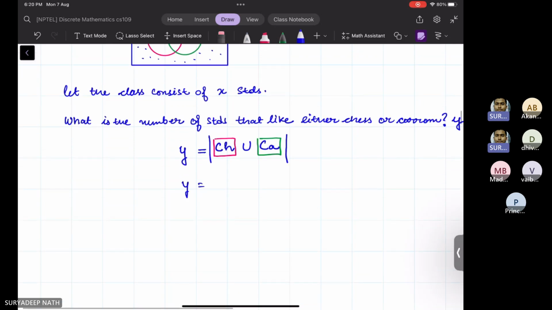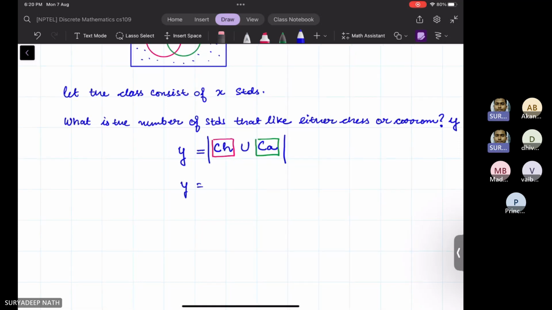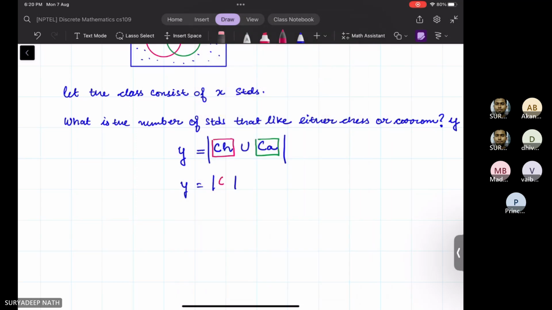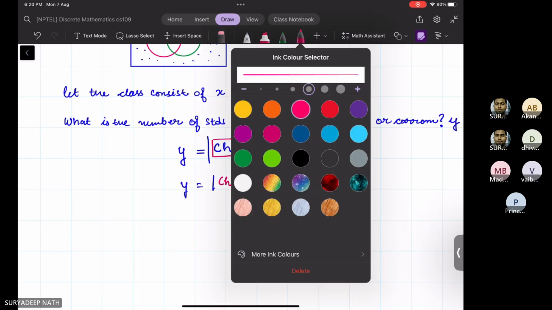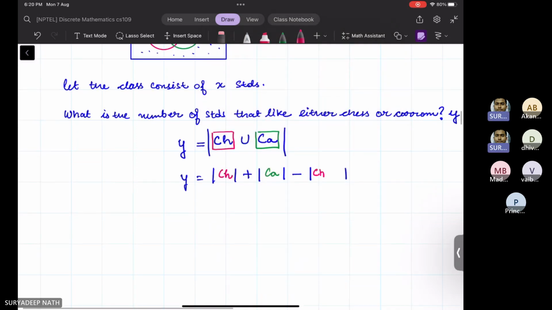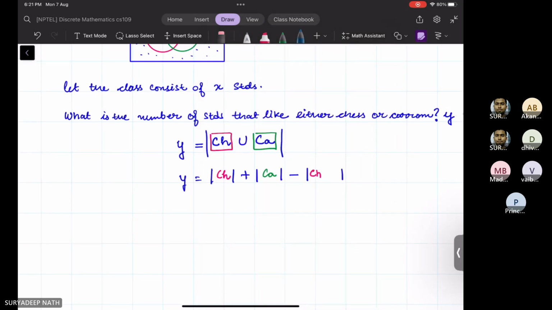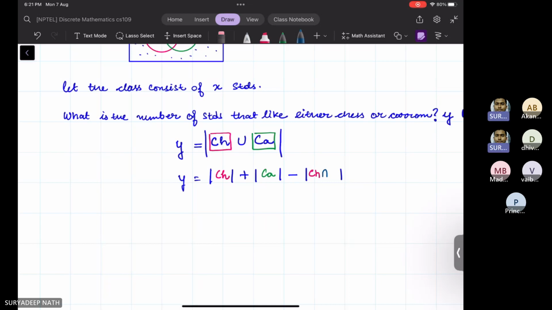So y is nothing but cardinality of chess plus cardinality of carom minus the cardinality of chess intersection carom.